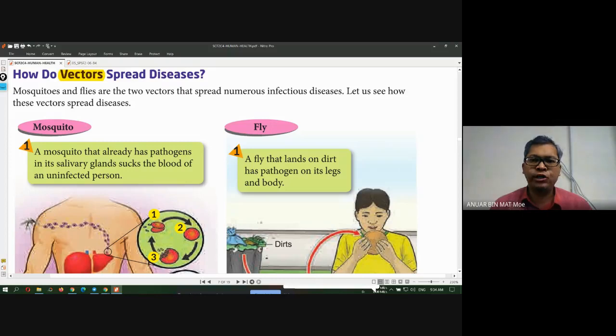For example, mosquito. Inside the mosquito we have the dengue virus. Mosquitoes don't have any symptom. It just carries the disease, so that when the pathogen infects a human, then the human will have the symptoms and bear the illness.